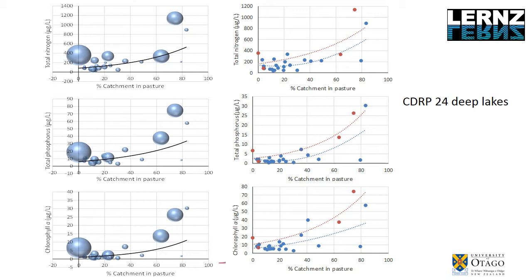And we can see that when non-native species are in high prevalence in these lakes, they do appear to have a worse or higher trophic status than the lakes where we don't have such high prevalence of non-native species. So there does seem to be some indication in these data sets for the deep lakes that non-native species really reduce the resilience and resistance and actually create an enhanced eutrophication in these lakes.